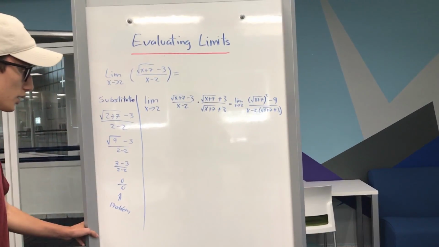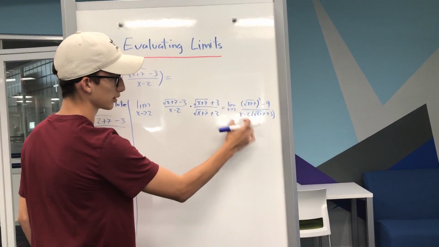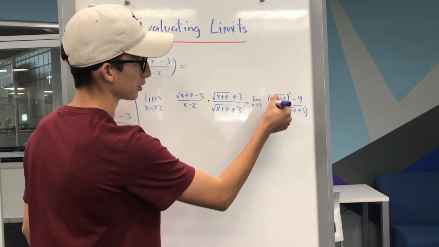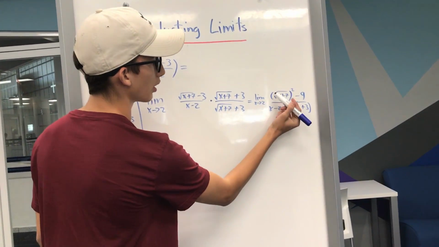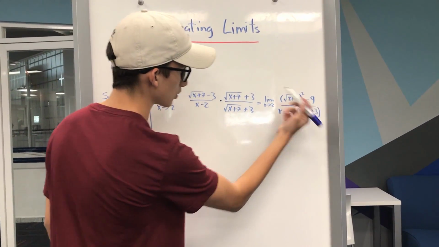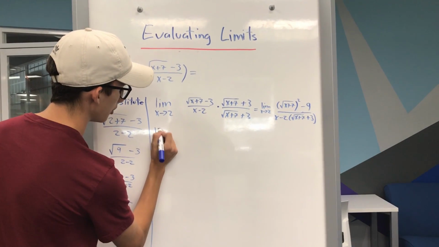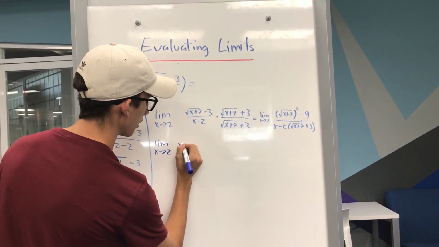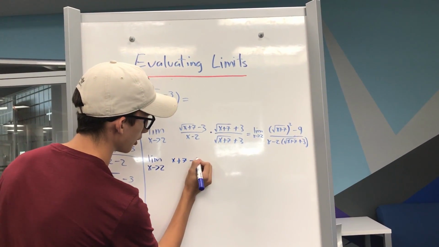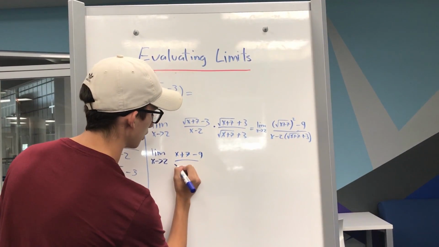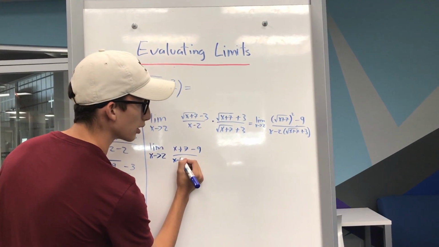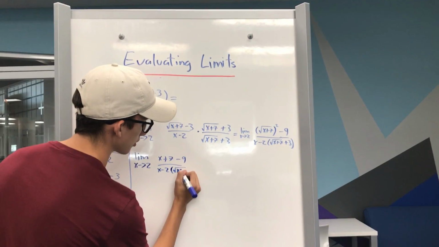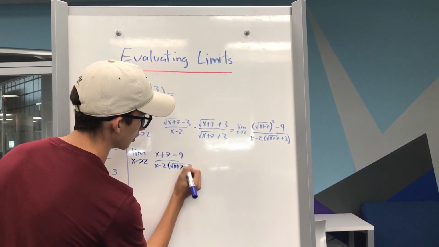Okay, so by having this square root of x plus 7 squared, this means that the square is going to get rid of this square root. So we're going to have the limit as x approaches 2 of x plus 7 minus 9 over x minus 2 times the square root of x plus 7 plus 3.